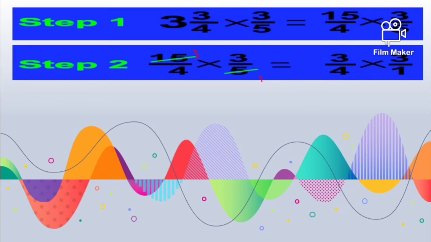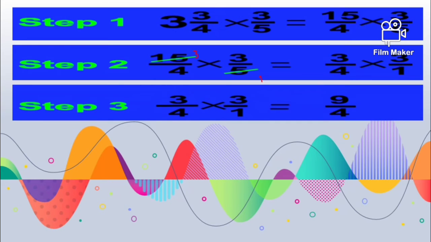Now we have 3 by 4 multiplied by 3 by 1. Now in the next step we will multiply the numerators together. 3 3s are 9. And multiply the denominators together. 4 ones are 4. 9 by 4.